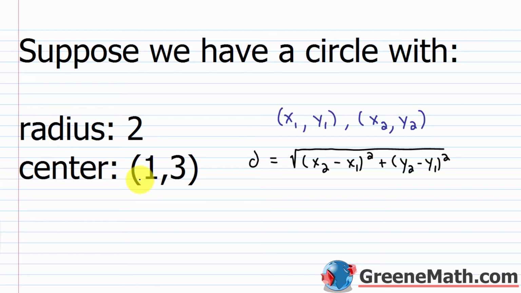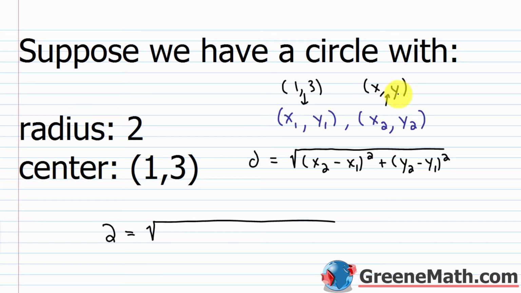So generically, the distance is 2, and this equals the square root of, with the point x sub 1, y sub 1 replaced by a known center of 1, 3. Instead of x sub 2, y sub 2, I'm going to call the point x, y, because the distance between them equals 2, our radius.